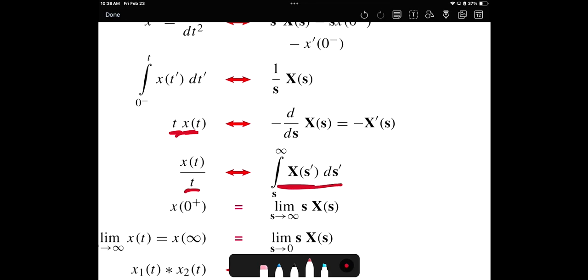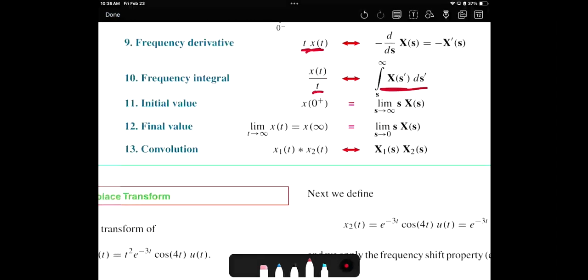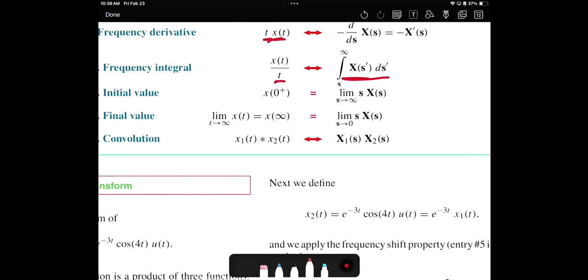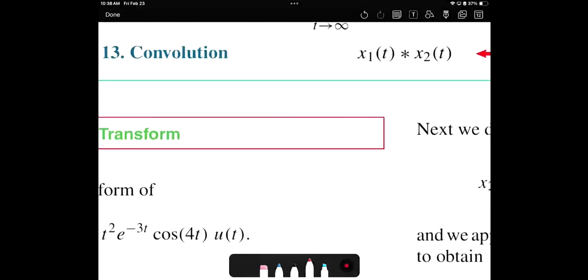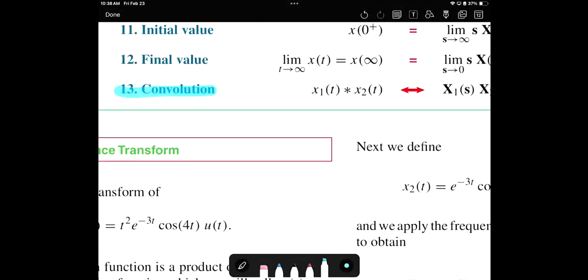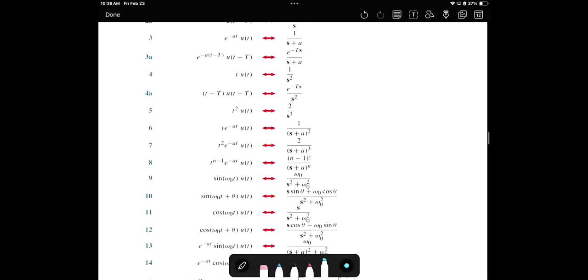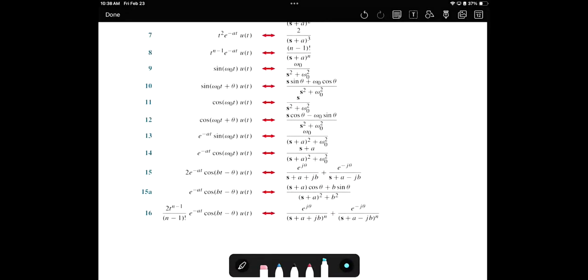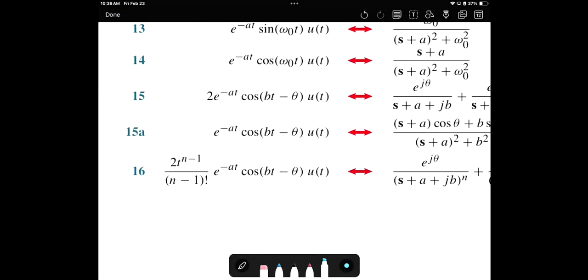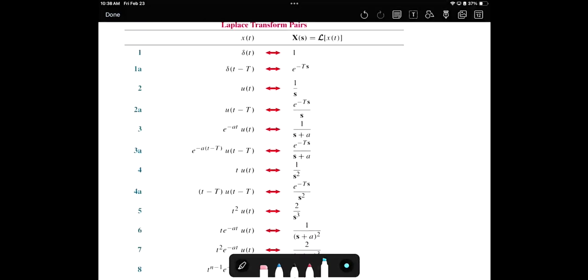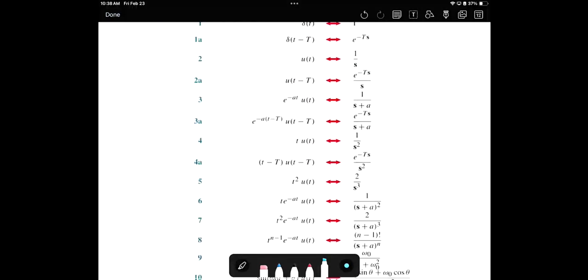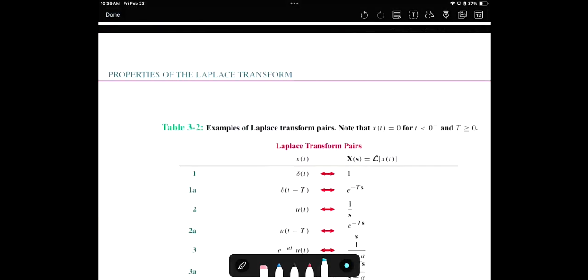That's how we do it. This is the final value theorem, the initial value theorem. Then the last thing, which is the convolution. This is the last property. Those are the tables. Even when we have higher order with something, we need to know how to use both of these tables. Table 3.2, 3.1 are very important.